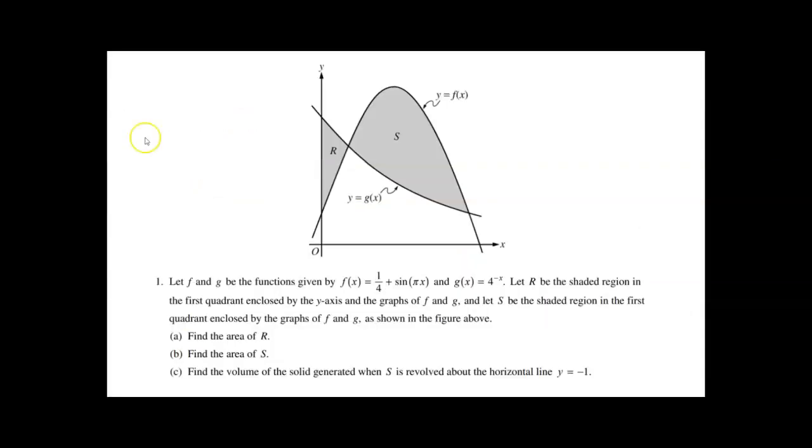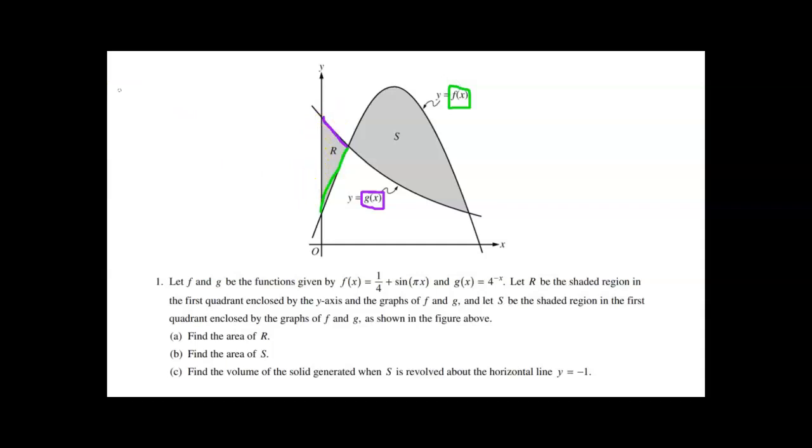All right, so for the first problem here then, the top function would be this purple one, which is the g function. The bottom function would be this green one here, which would be the f function. And so I've got my setup there.